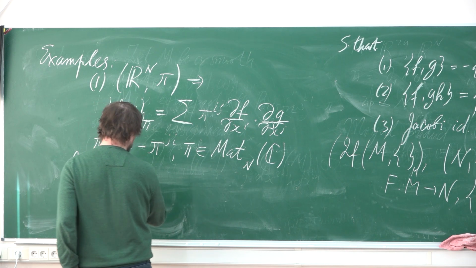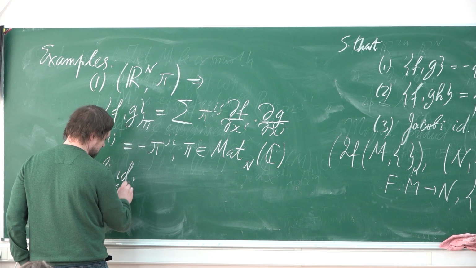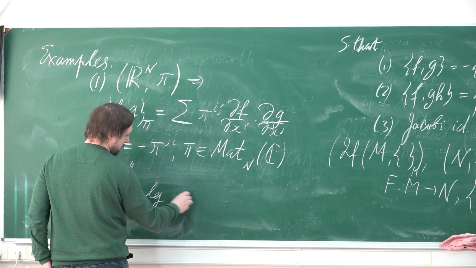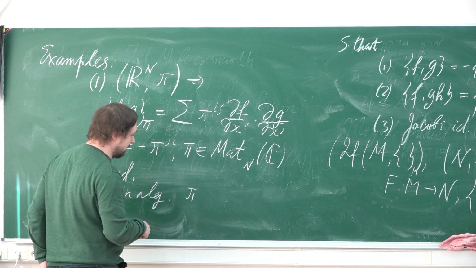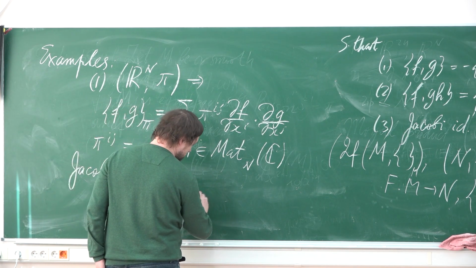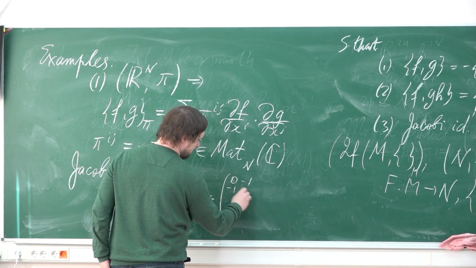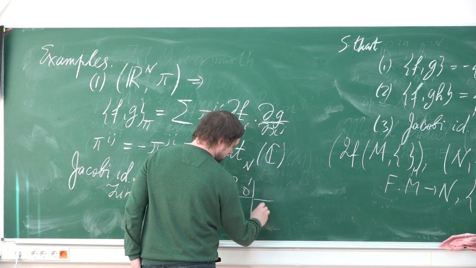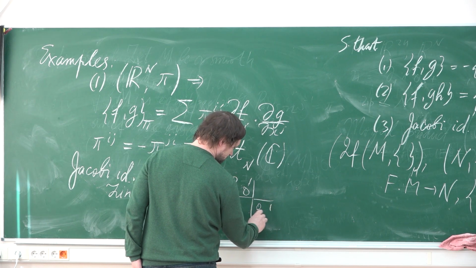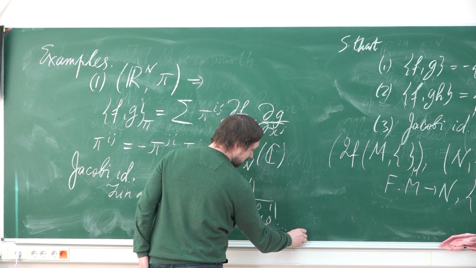We know from linear algebra that every antisymmetric matrix can be brought to the standard form in some basis. Sorry, I think one is here, minus one is here. It's actually not very important, but I think it should be like this. And then there will be zeros in the end, right?